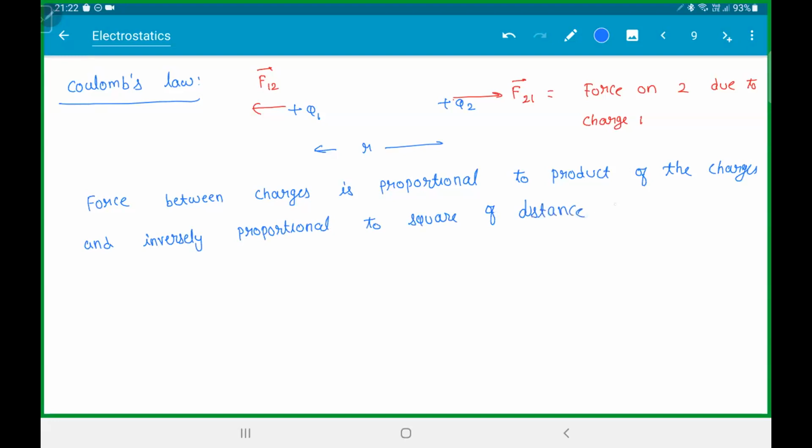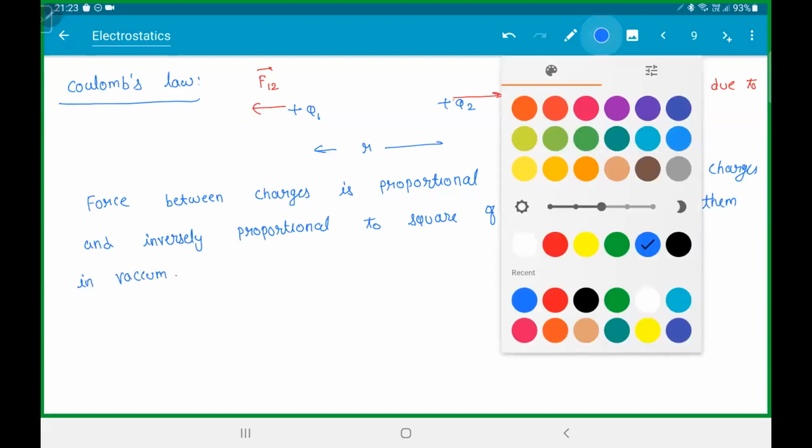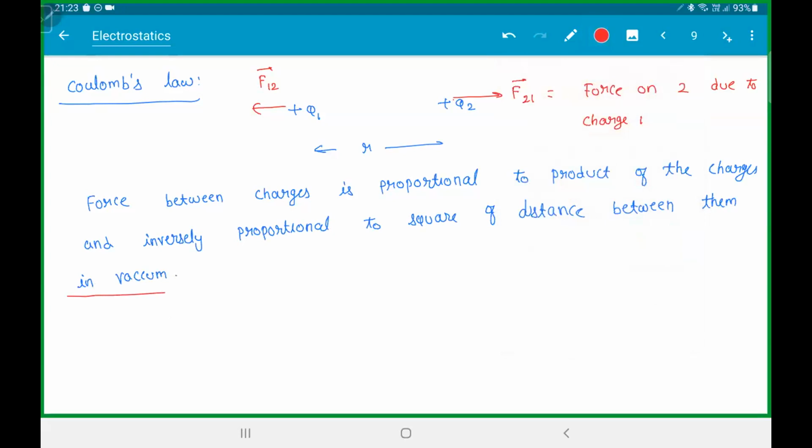Here we have to add a small thing actually. Listen to this carefully. In books, what I'm teaching now, this part is missing. But you do get questions on this: in vacuum. This word is important. We will discuss that in detail.